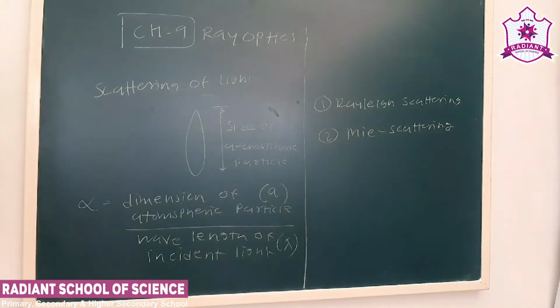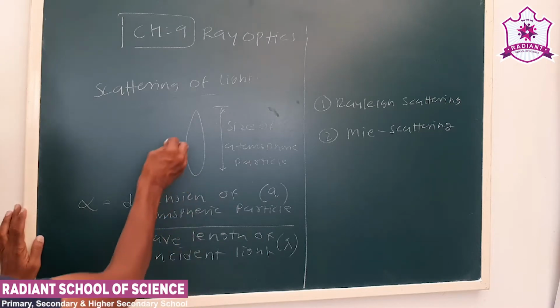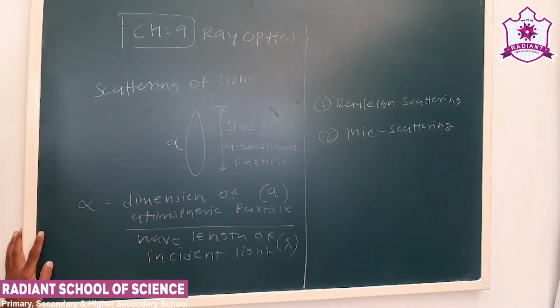Okay, now see, the amount of scattering depends on two factors. One is the dimension of the atmospheric particle, which we call a, and second is the wavelength of the incident light.